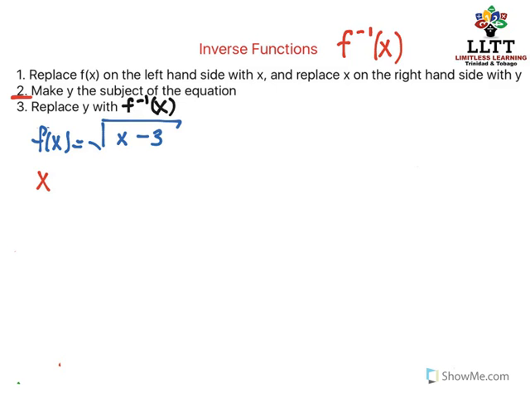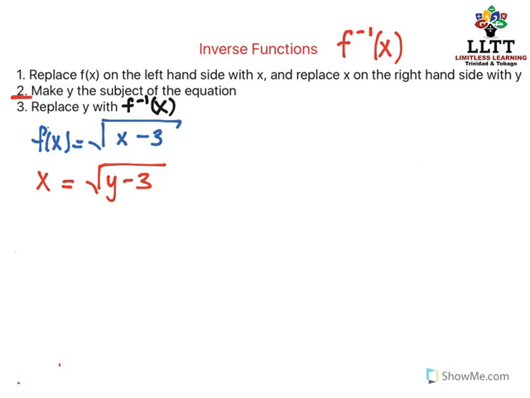So we are going to start with step 1, which is replace f of x on the left hand side with x. And on the right hand side we're going to replace x with y. So this becomes the square root of y minus 3. Then step 2 means we have to make y the subject of the equation, which means that we need y by itself on one side.